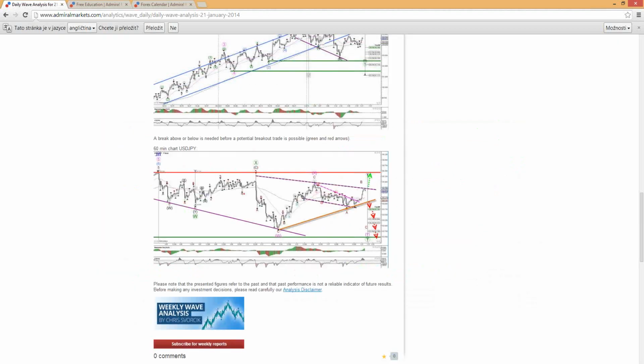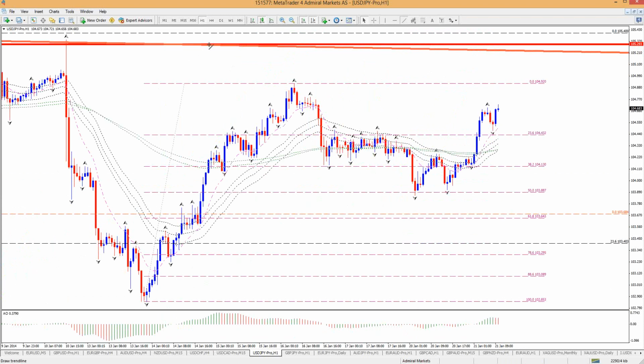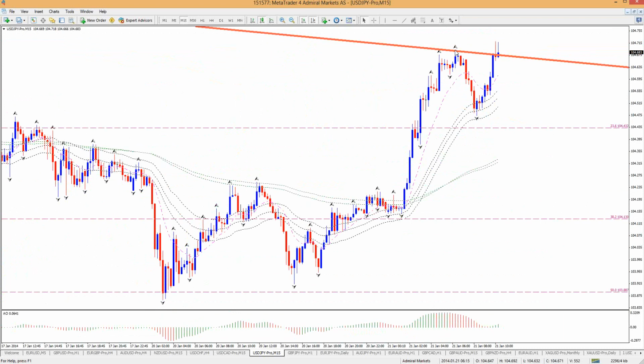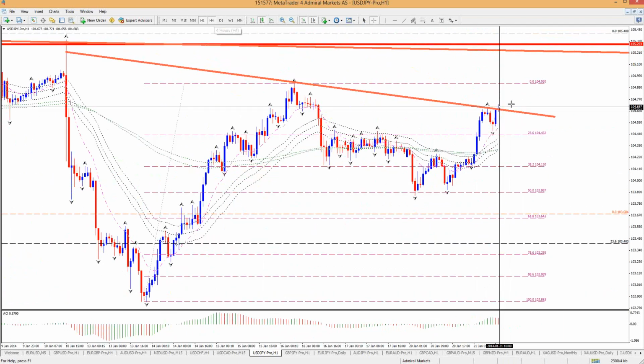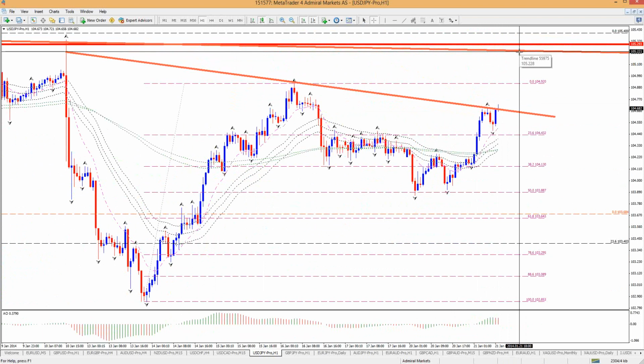So let's go back. A break of here with the stop loss here would entail about 25 pips risk, and the target could be 45.